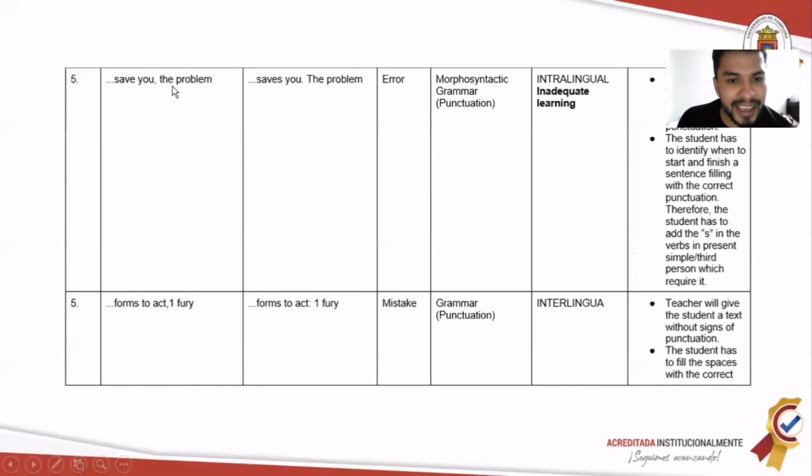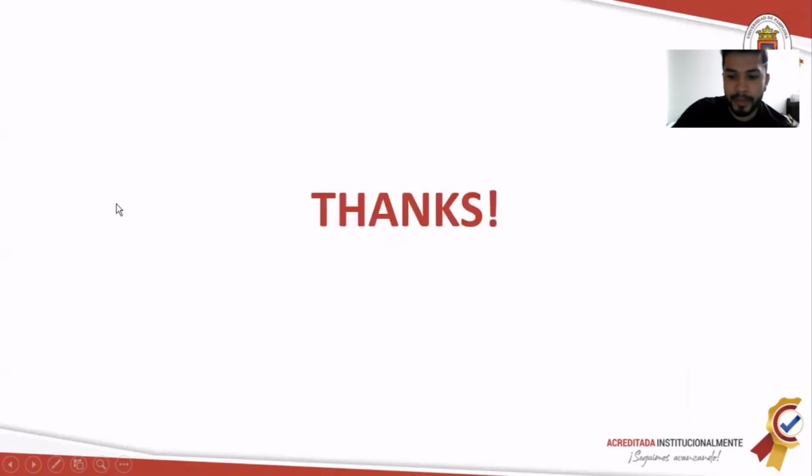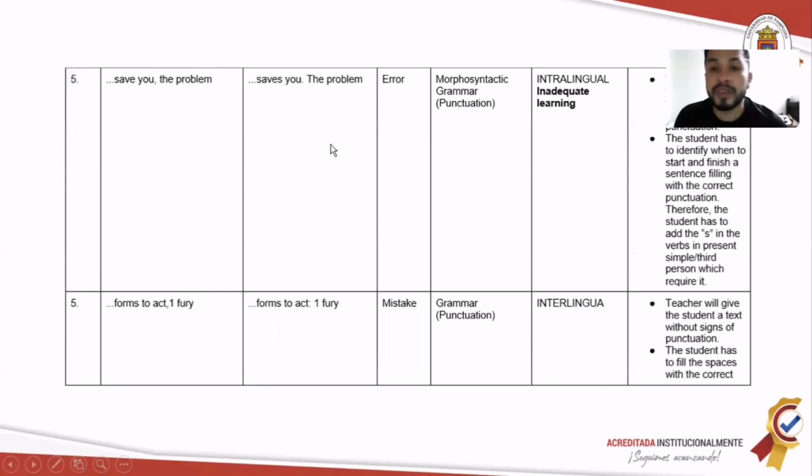In this case, this is an error because we can find the same situation with the third person, besides the punctuation error, which is another common error in this corpus. So this is a syntactic error, interlingual due to the difficulty of the language, and also inadequate learning.